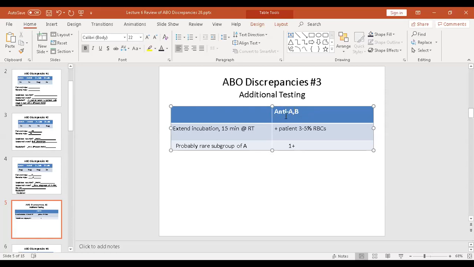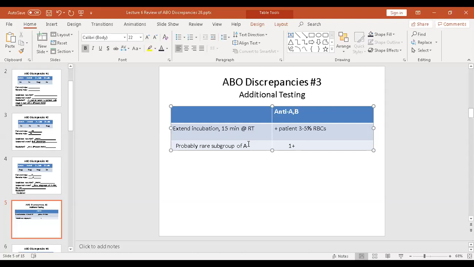We would take a drop of our anti-AB in a new tube, add a drop of our patient's 3 to 5% red blood cells. We may want to incubate for 15 minutes at room temperature, centrifuge the tube, and read. And so we see here that this is actually what they did in this case, and now they're getting a 1+ reaction here.